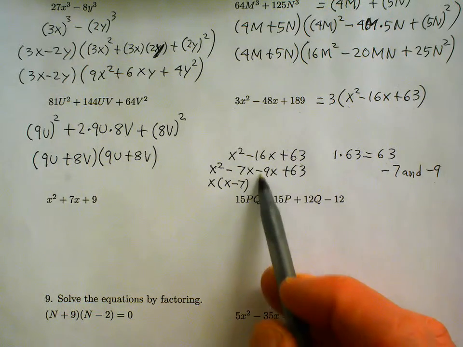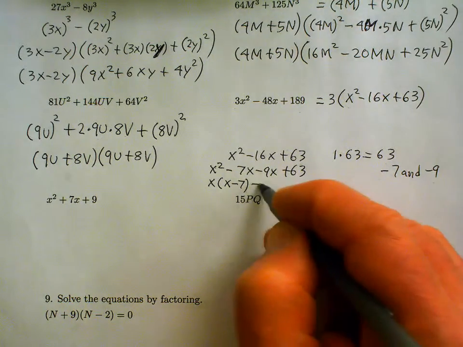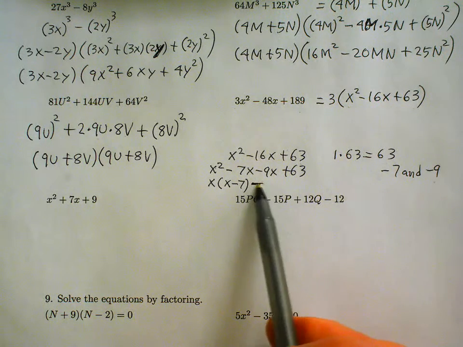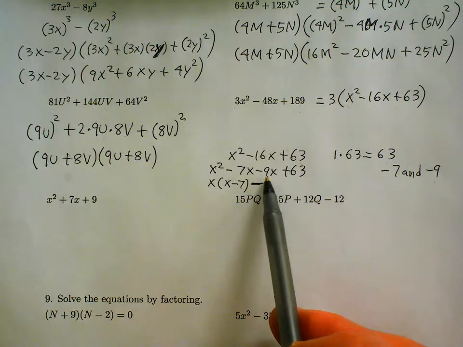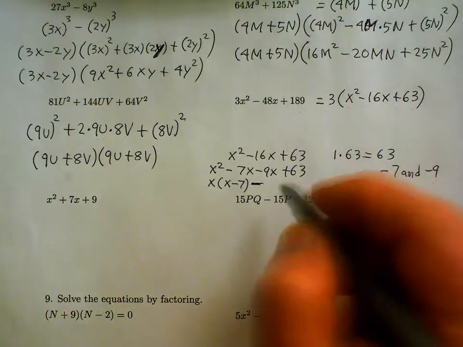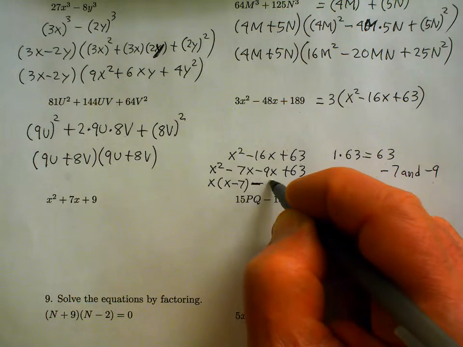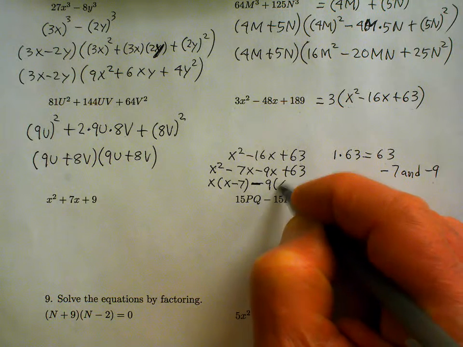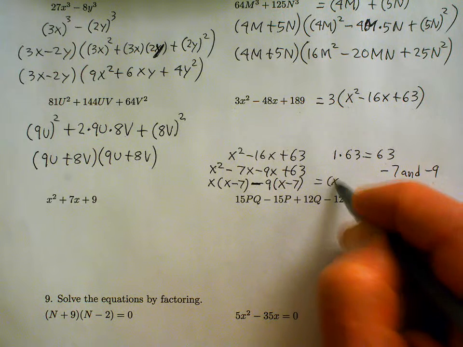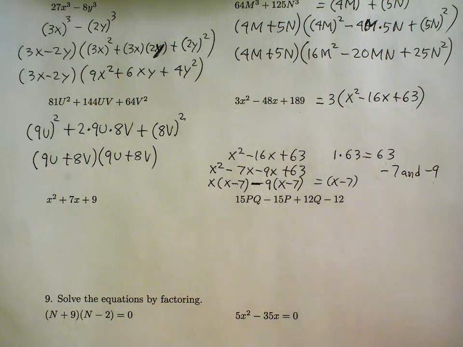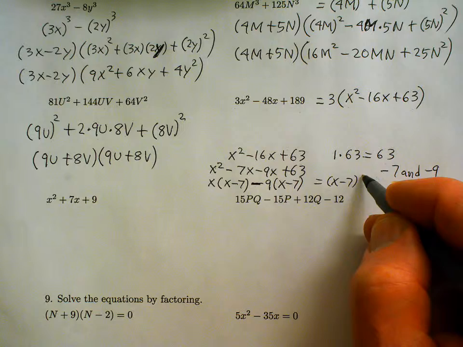Bring down the middle operator of subtraction. Bring down subtraction, and then factor negative 9 out of the third and fourth terms. So we get minus 9 times x minus 7. And the two factors of the trinomial are x minus 7 and x minus 9.